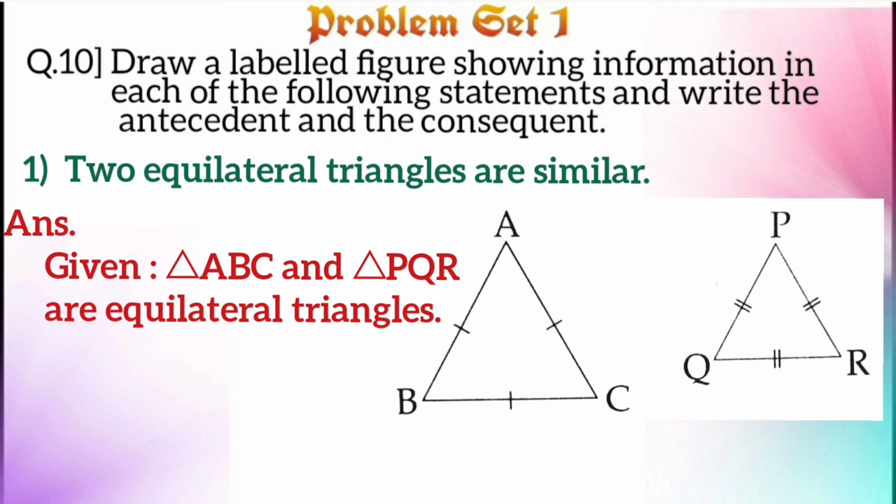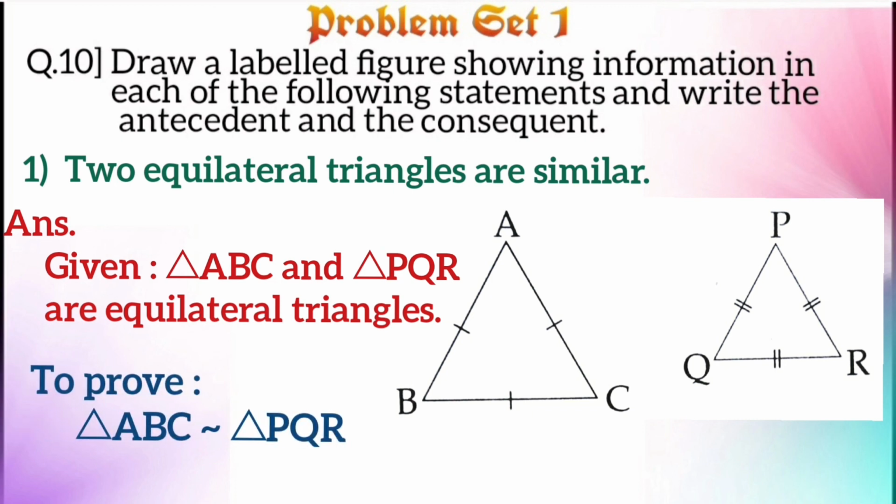So we have considered equilateral triangles as the given part, and now what we will prove is that they are similar also. Therefore the to prove is triangle ABC is similar to triangle PQR. Let's see the second one.